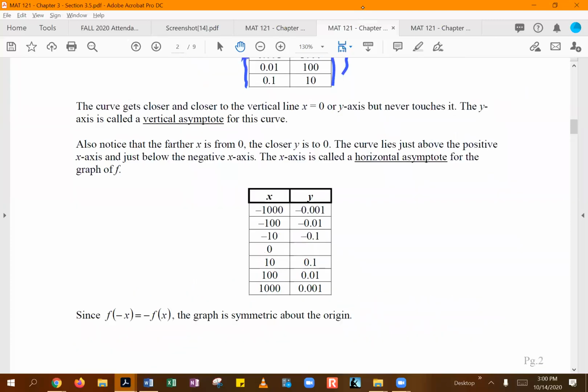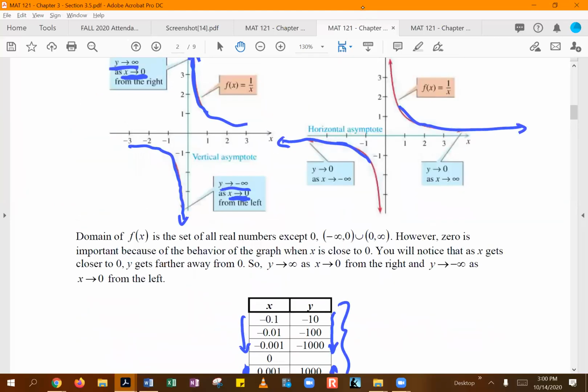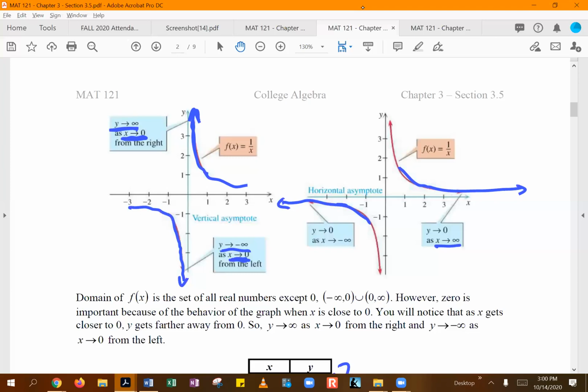And you can again see with this table that as our x values are heading towards infinity, the y value is getting closer to 0 because, of course, this arm of our graph is going to get closer and closer to the x-axis. And same thing from the left-hand side, as your x is getting really large, your y is getting really small.